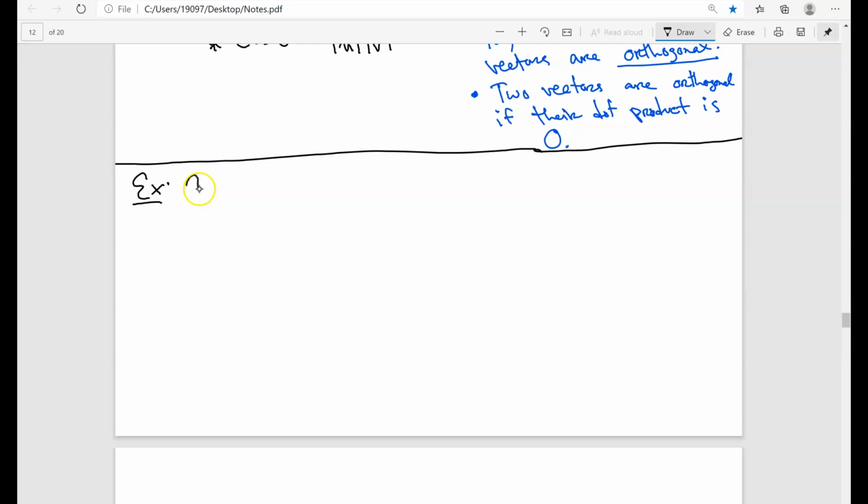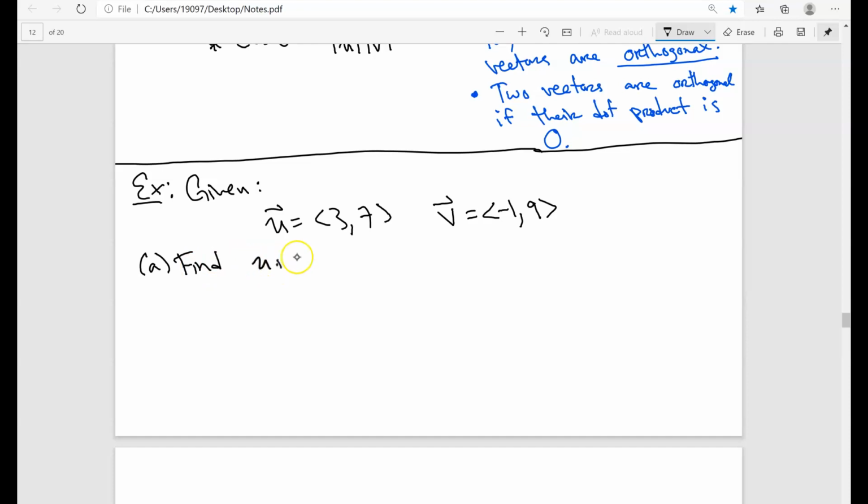Given the following vectors, let's say vector u is 3, 7, and vector v is negative 1, 9. Let's find a couple of things. I want to find u plus 3v.